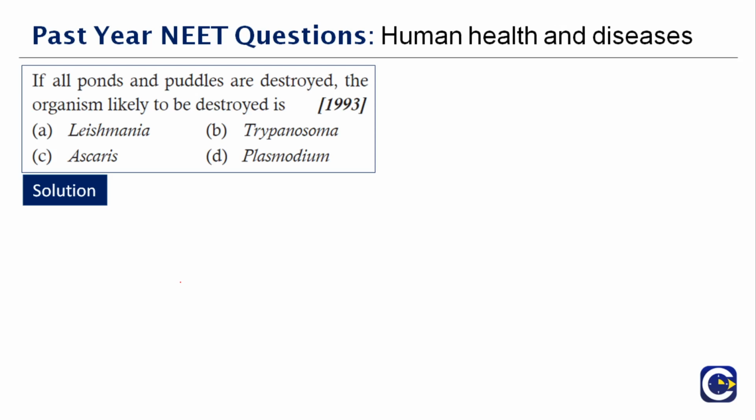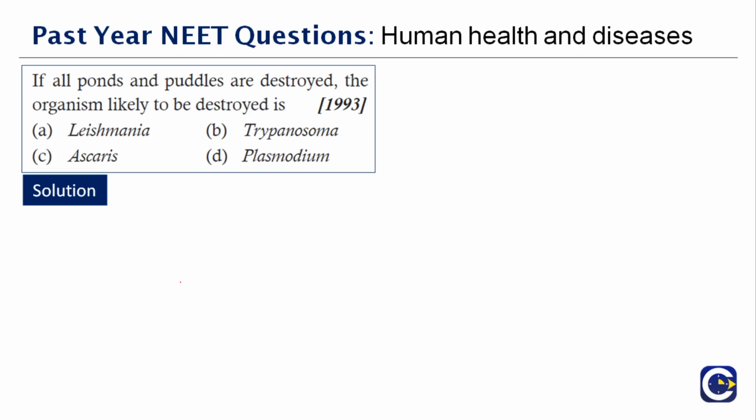They are liberated from the host through feces. While if you take Plasmodium, out of the 4, this is a vector-borne disease, where the disease gets transmitted with the help of a vector, the female Anopheles mosquito. So if all ponds and puddles are destroyed, the organism likely to be destroyed is Plasmodium.